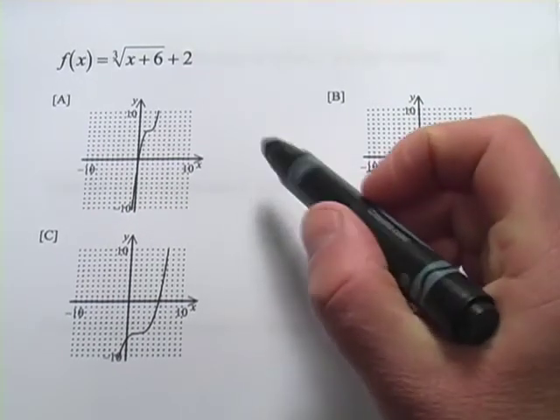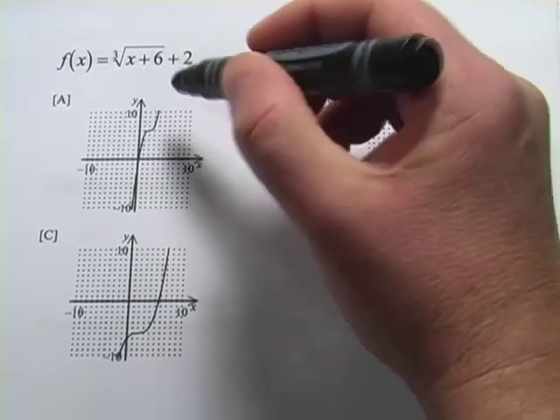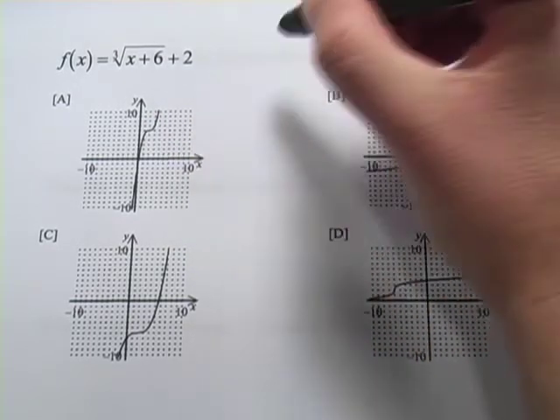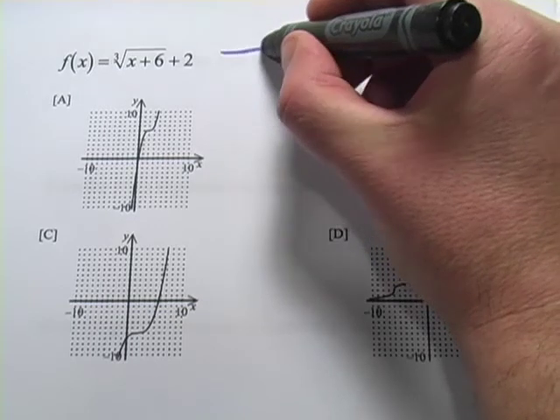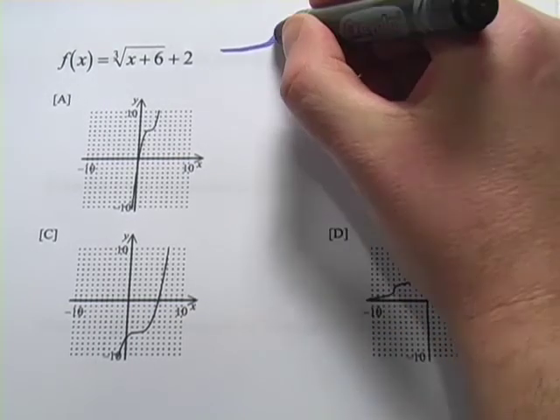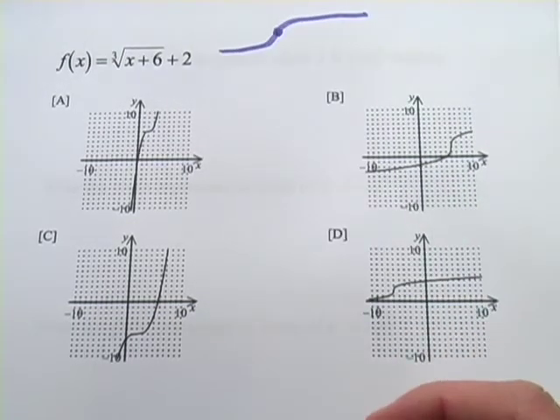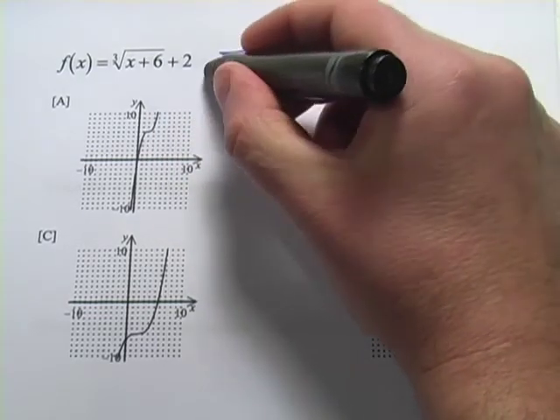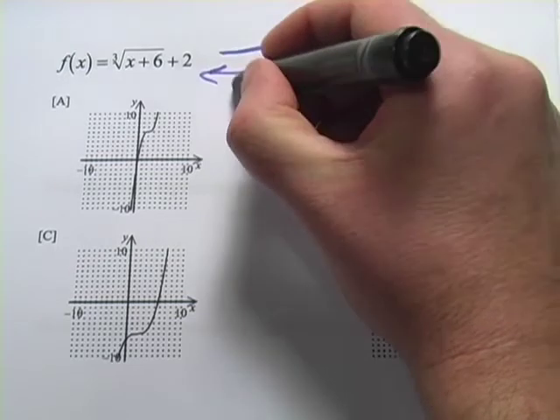All right, here we have a cube root problem, and similar things have been done to it. We've got a plus 6 under the radical sign and a plus 2 outside the radical sign. Now remember, our basic shape is this kind of squashed out S with the origin happening right there. Well, when you add 6 to it, you're going to move it over to the left 6 spaces.